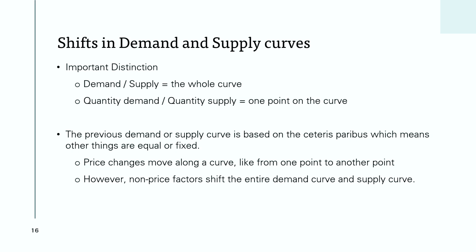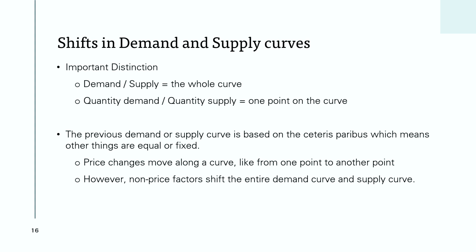It is important to distinguish between moving along a curve versus shifting the entire curve. Previously, we talked about points moving along the curves. However, in this situation, the things that move are the entire curves. Demand or supply refers to the whole curve.